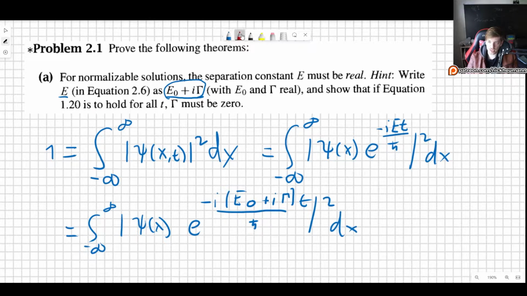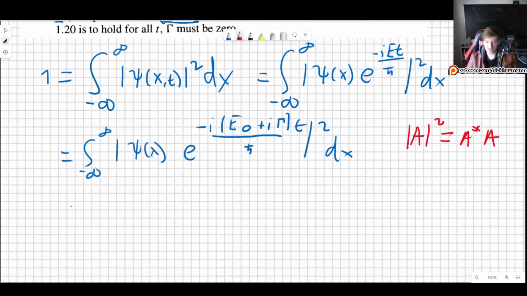Now, how do we calculate the modulus? This is also very important that you understand. So if we have the modulus of something, which we call just A, the modulus squared is simply A conjugate times A. So we simply take the conjugate of what we have inside and we multiply through.